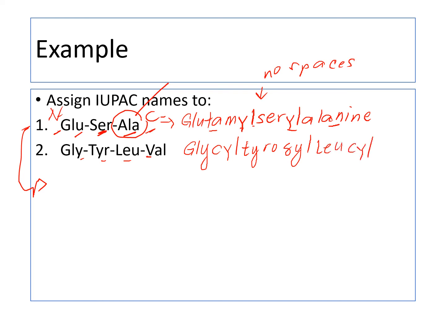And lastly, we have valine. We'll just copy the name of the amino acid in the C-terminal area. So we have glycyl tyrosyl leucyl valine. Now that's the name of your tetrapeptide.